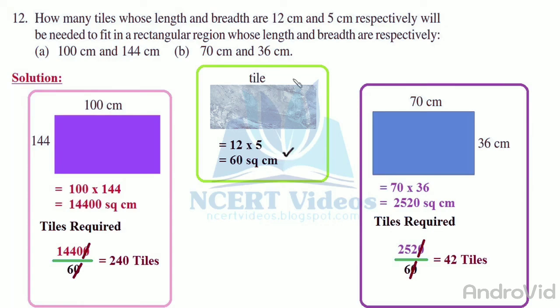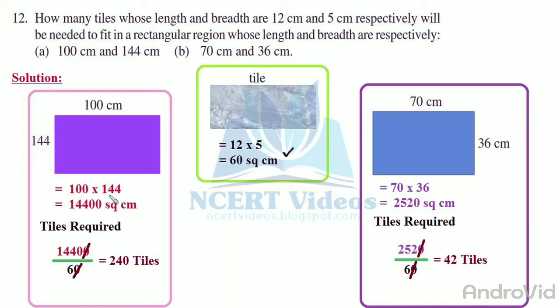Now we will find the areas of the regions on which we have to cover this tile. So first one is 100 centimeter, 144 centimeter, units are the same. So what we can do, we will multiply it. Multiplication is very simple. Now for this part, how can we multiply it?